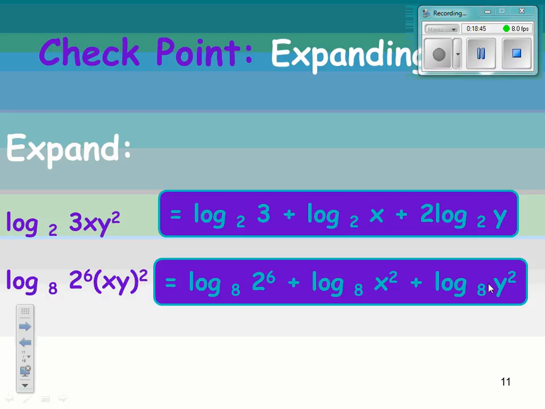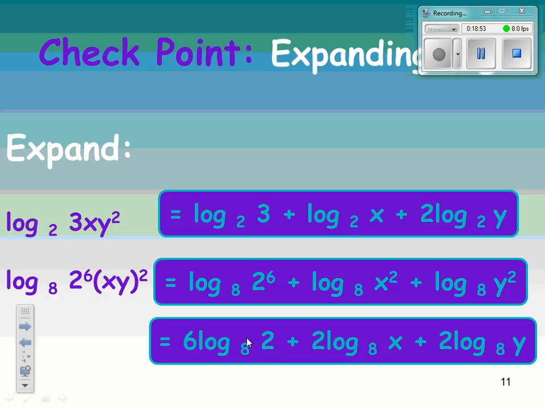Now every one of these has an exponent, so I'm going to have to bring that exponent down on every single one of them. So I've got 6 times log base 8 of 2 plus 2 times log base 8 of x plus 2 times log base 8 of y. Got to bring down all of those exponents.